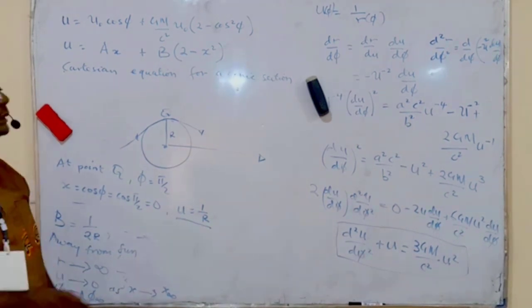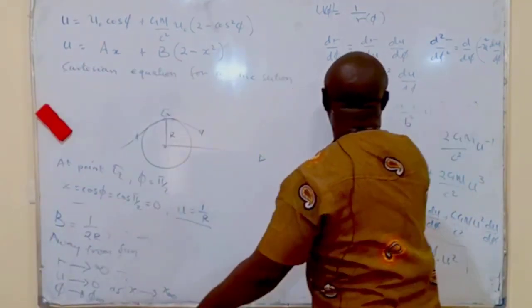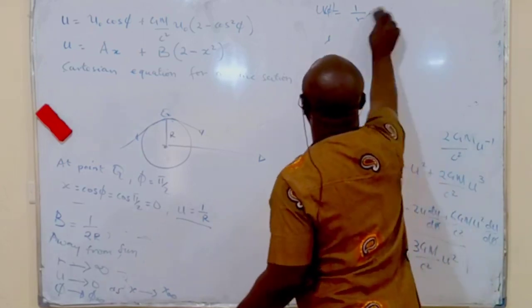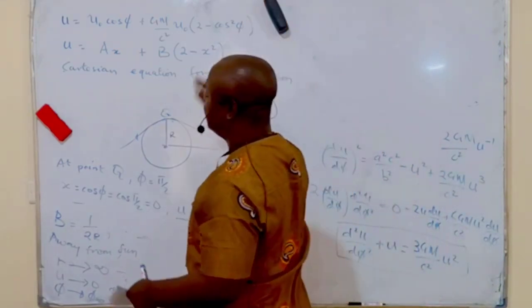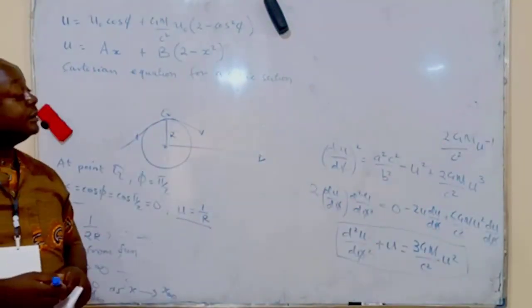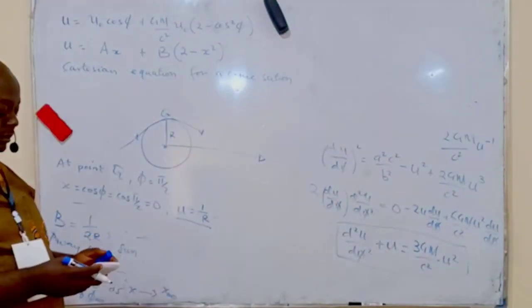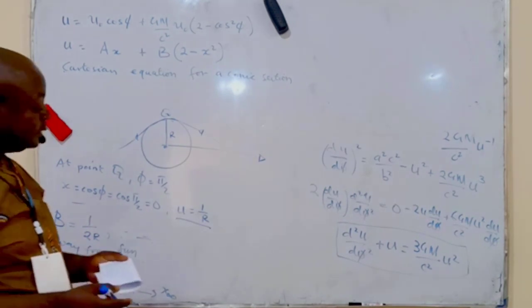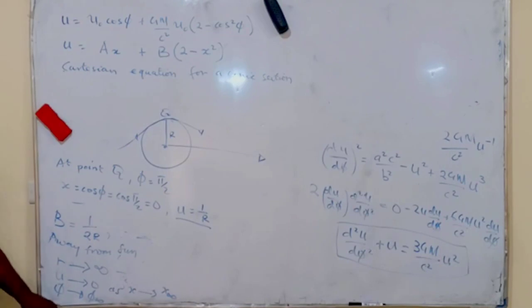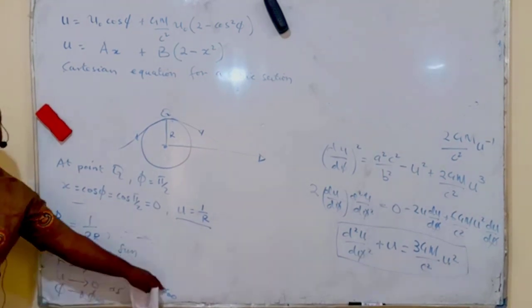So in that case, what happens to our equation? This is another boundary condition we want to apply. At r tending to infinity, u tends to 0, phi tends to that, and x tends to that.